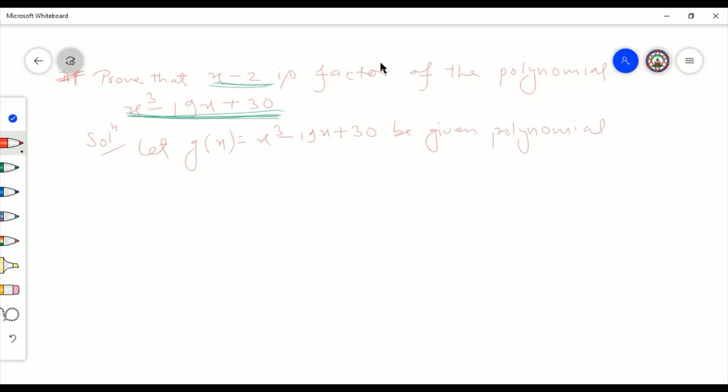Then now here we can write: x minus 2 is one of the factors, so we can compare. So comparing x minus 2 with x minus a.